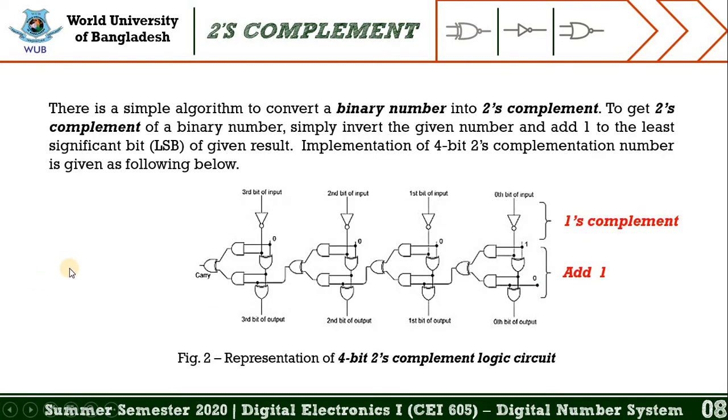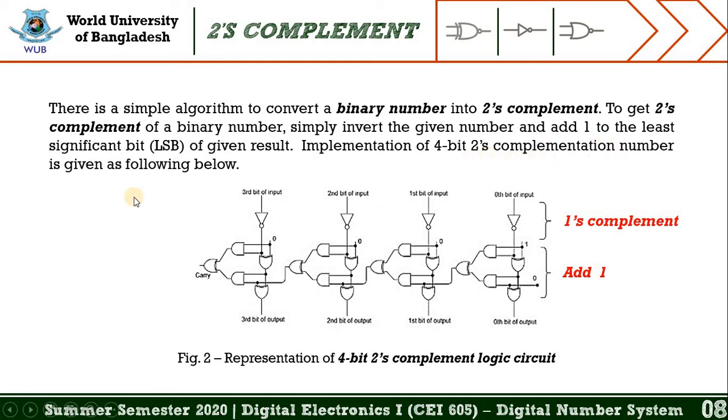From this slide we may learn about 2's complement. So let's start. There is a simple algorithm to convert a binary number into 2's complement. To get 2's complement of a binary number, simply invert the given number and add 1 to the least significant bit of the given result. Implementation of the 4-bit 2's complement is given below.